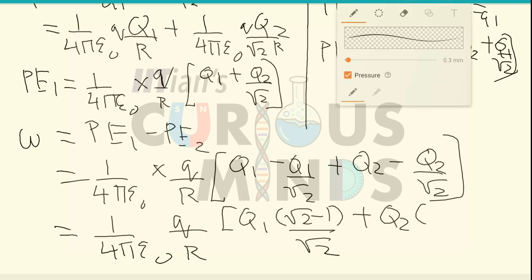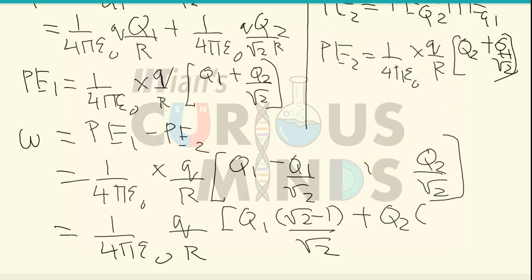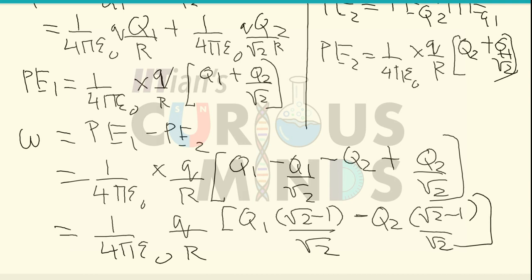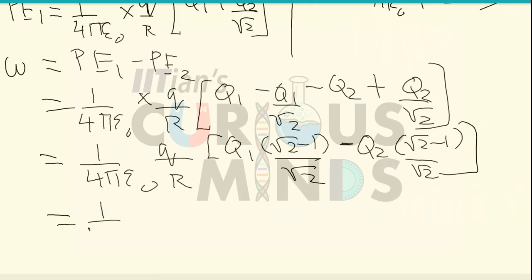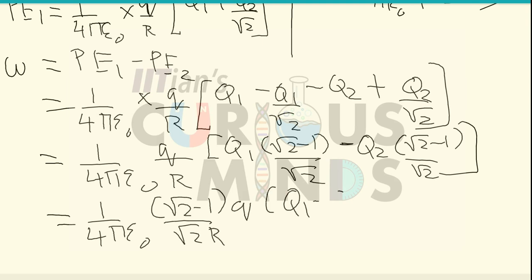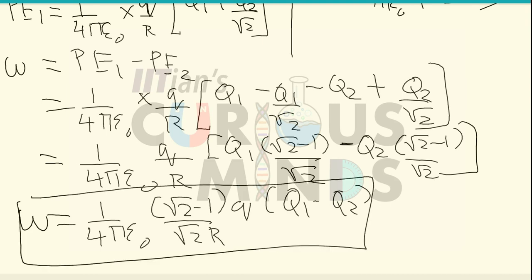Now this will be subtracted, so the signs will be exchanged, and it will be equal to minus q2 times root 2 minus 1 divided by root 2. So if I take 1 by 4 pi epsilon naught into root 2 minus 1 divided by root 2 r common, it will be equal to small q into q1 minus q2. This will be the work done.